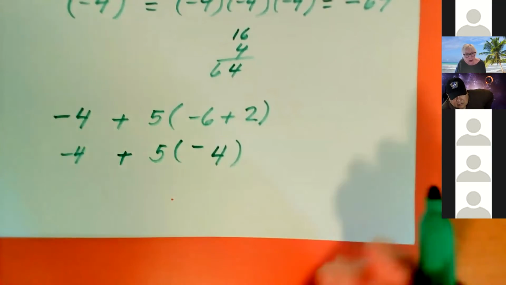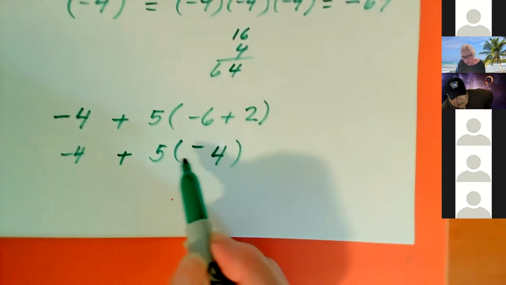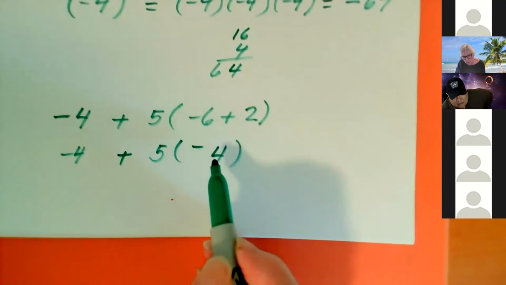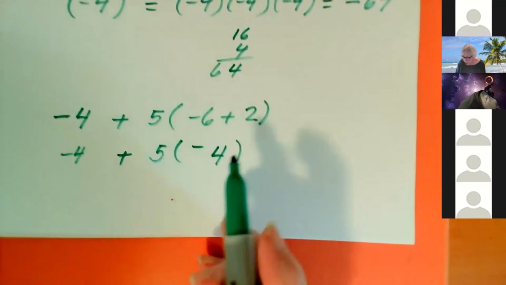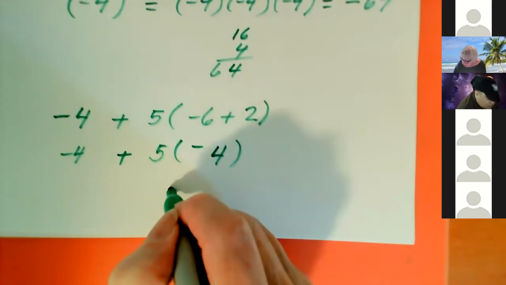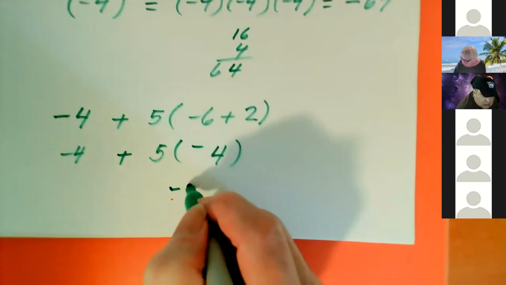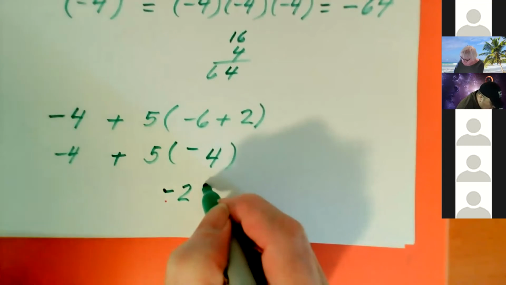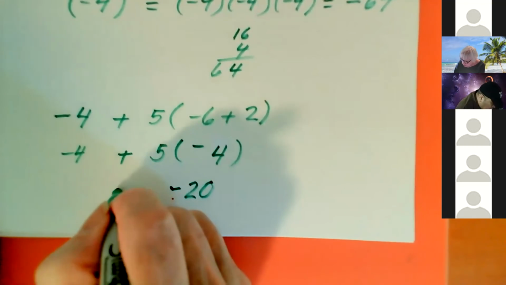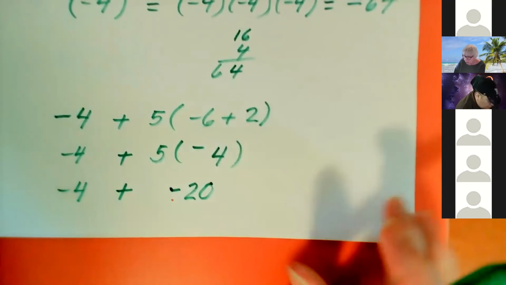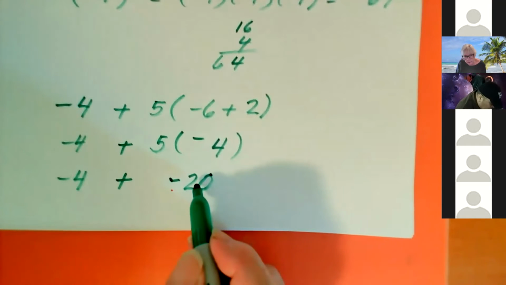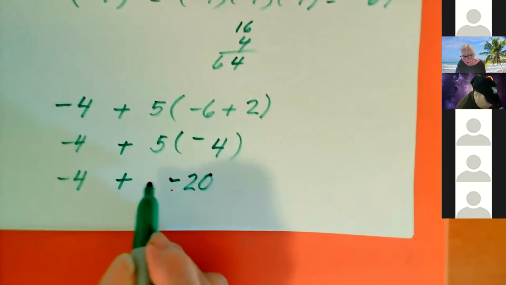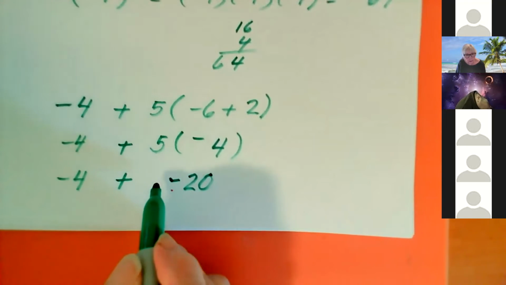So by order of operations, I still have to do this next because this is multiply. So a +5 times a -4 is -20, plus -4. Now here I have this problem of the plus and the minus. I did put a little space here to try to help things out.